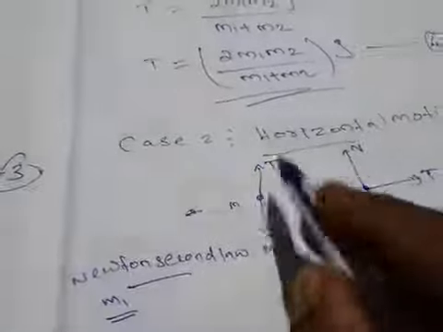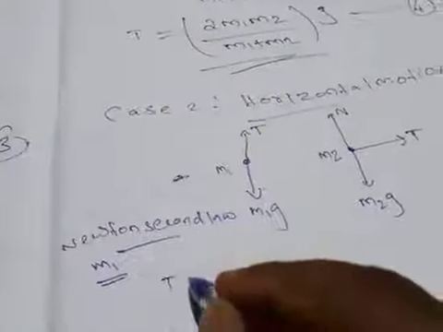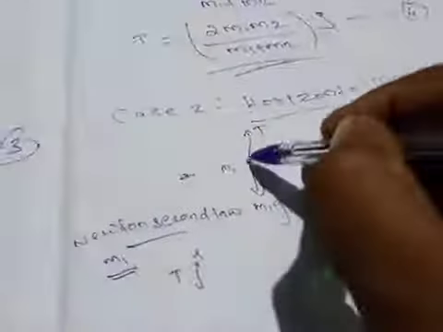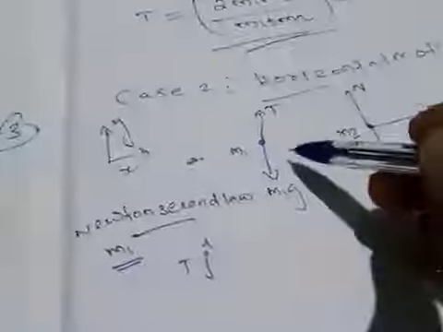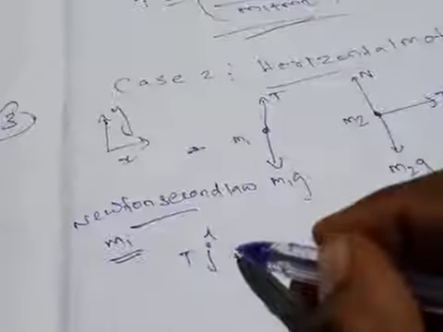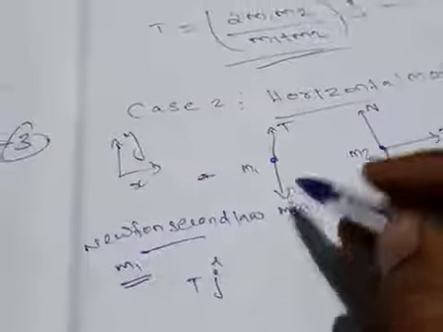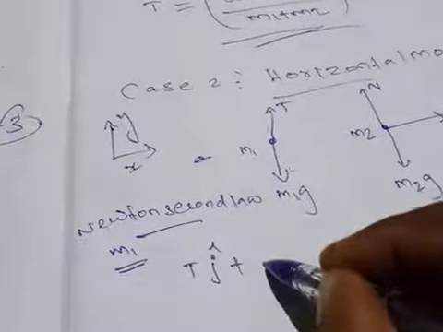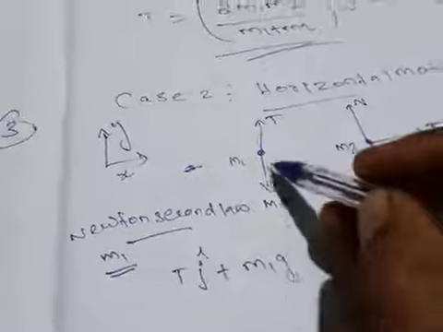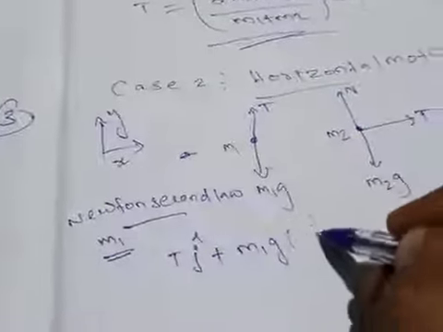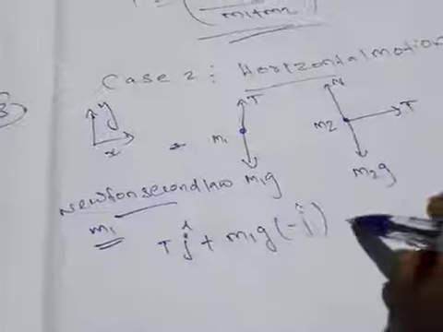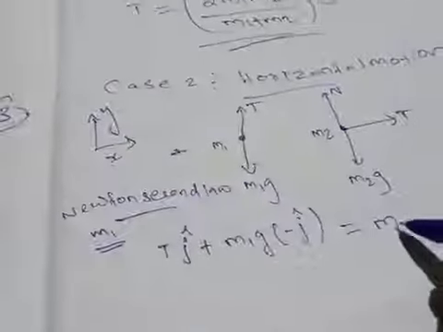T in the upward direction, so T J unit vector. This is the y direction only. Now downward is plus M1 G, and this is in the downward direction, so minus J unit vector, equal to MA.